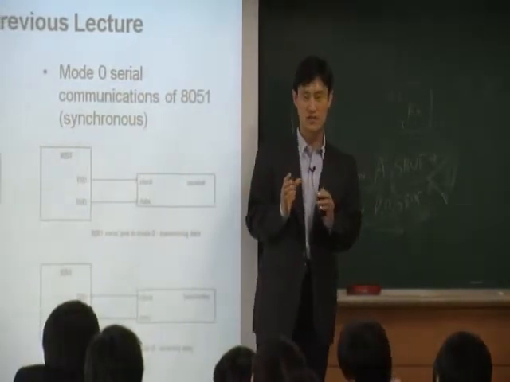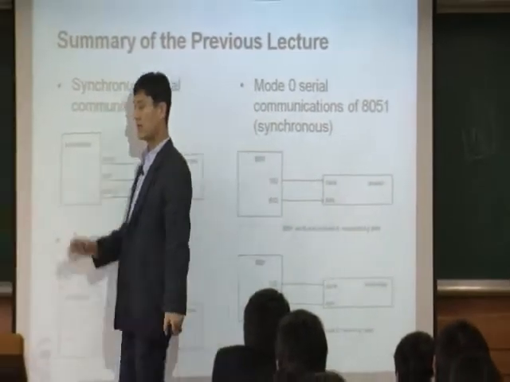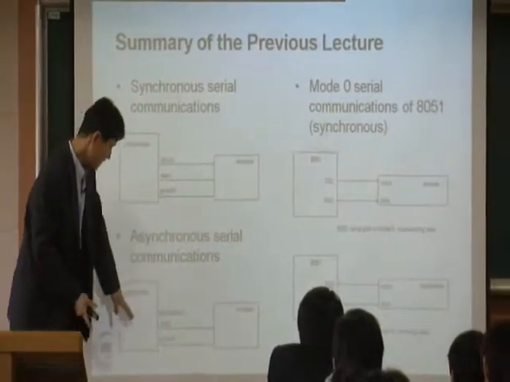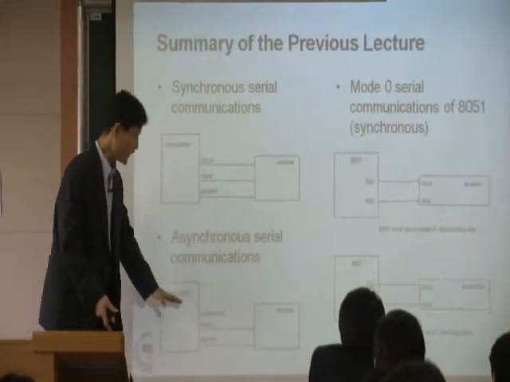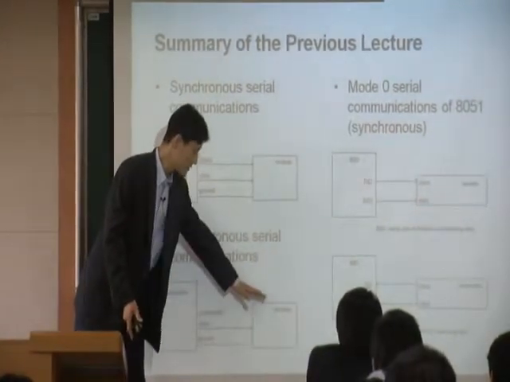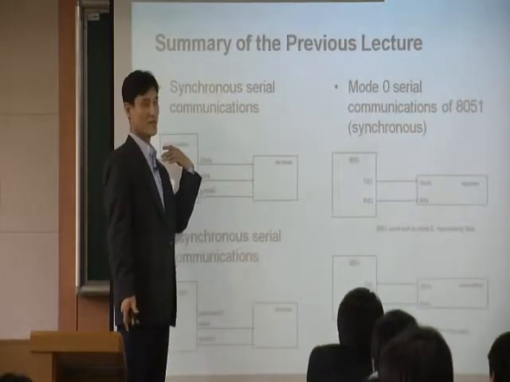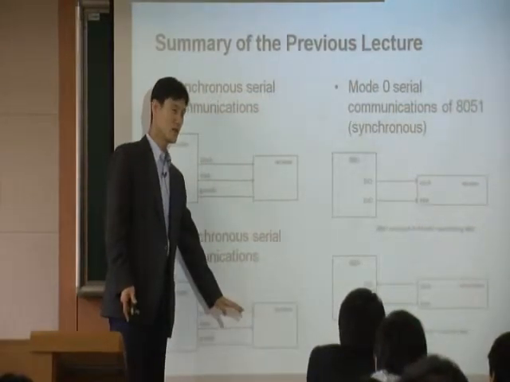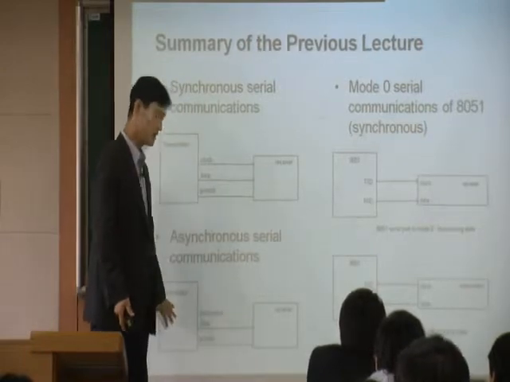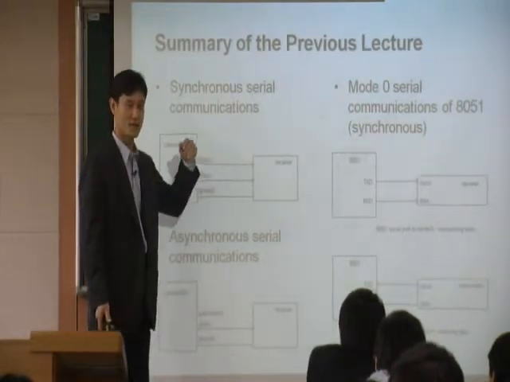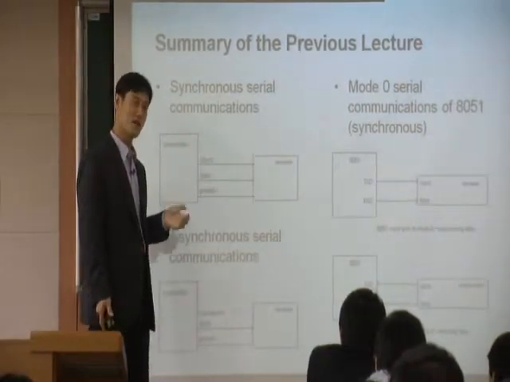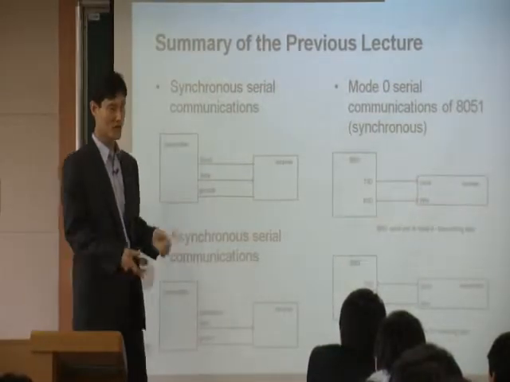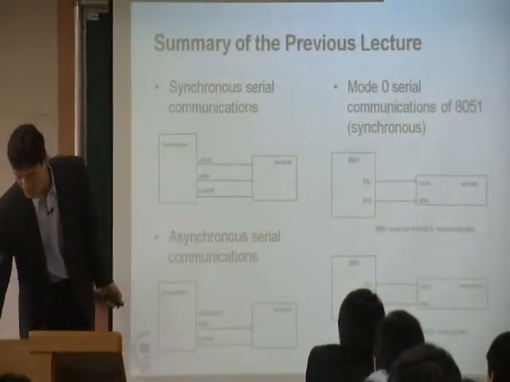And not only that, let's say the transmitter always has 5 volts, then the receiver is confused. I have always 5 volts. Maybe the transmitter is transmitting all 1s, maybe not. It's a little bit confusing. So that's a problem in asynchronous.